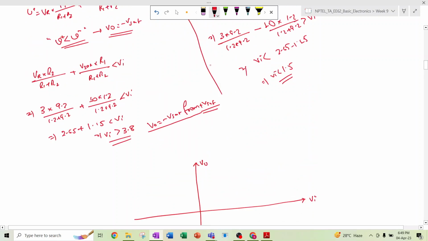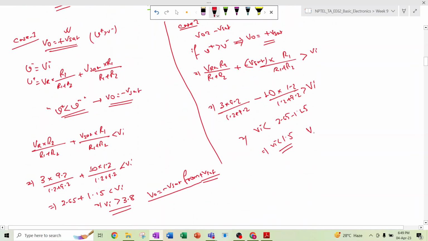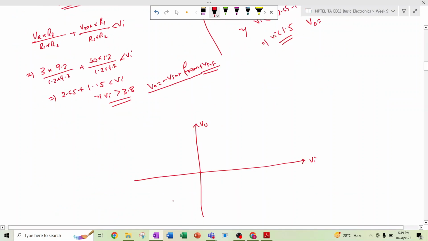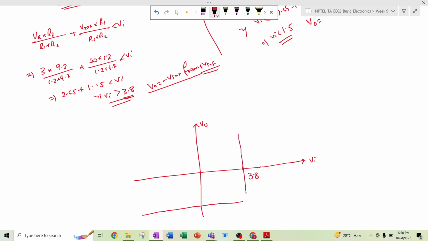See this transfer characteristics carefully. Suppose the input is greater than 3.8, in this region the output, which was at minus Vsat, will go to plus Vsat.